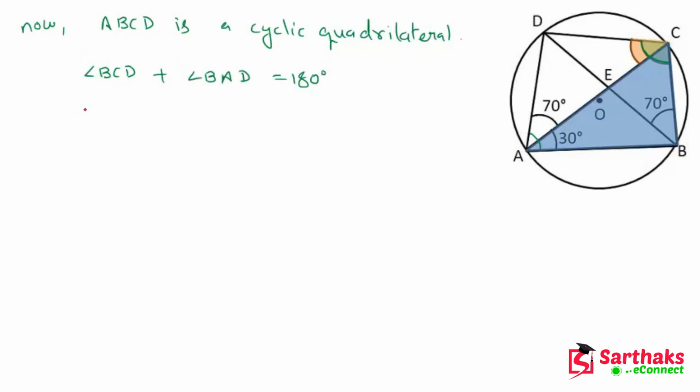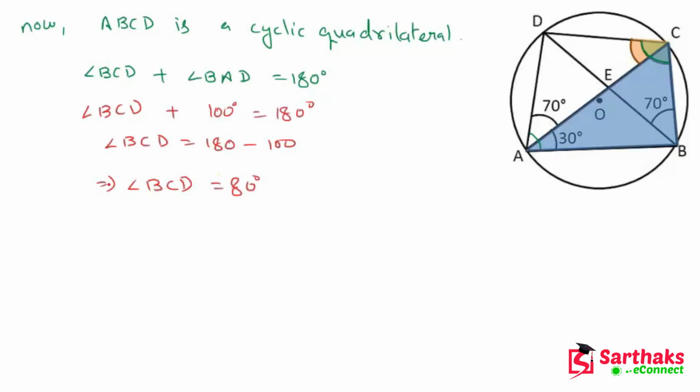Angle BAD is 100 degree, so angle BCD is 180 minus 100, so we get angle BCD is 80 degree, this angle. So this is our first answer. Now let's find the second answer.